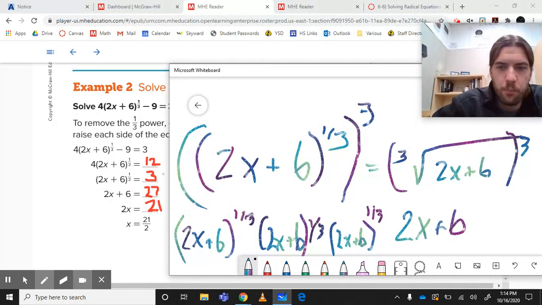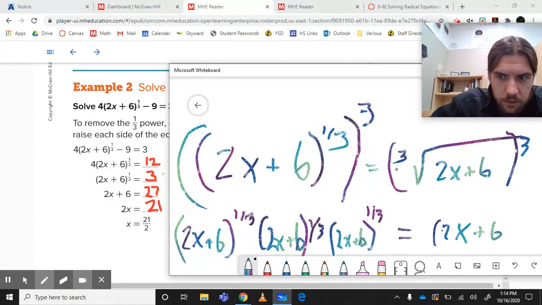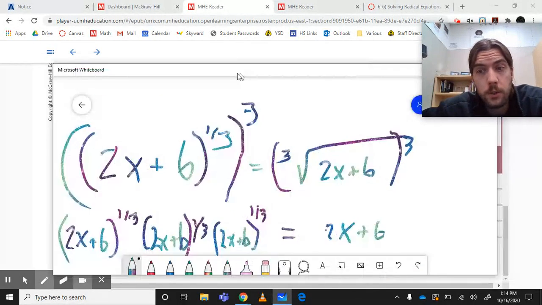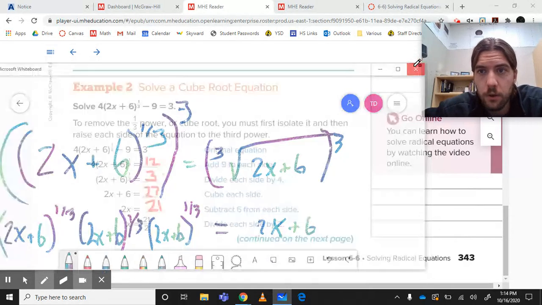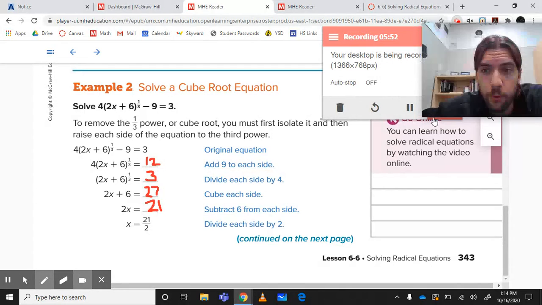Based off that previous example where multiplying similar bases, we add up the exponents, we're just going to get 2x plus 6 to the 3/3, or 1. Or, if you'd rather, just write it with no exponent at all. So this is why those fractional exponents work out. As long as we can keep that straight, we will have very little problem moving through these examples. We'll move on to example 3 in the next video.